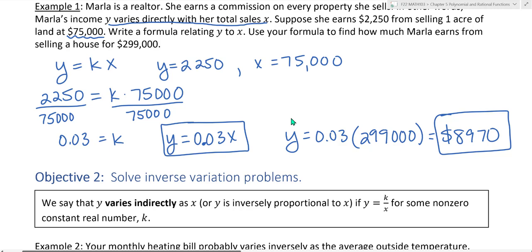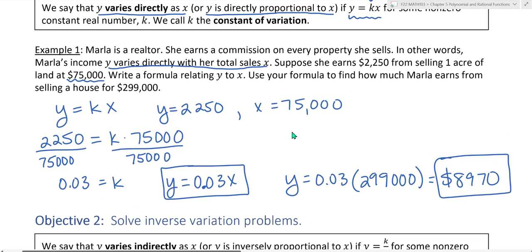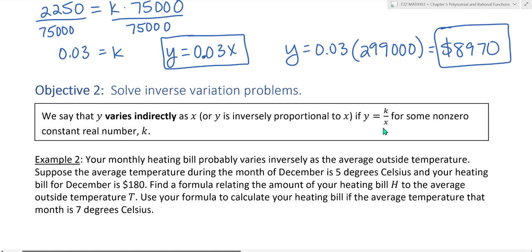All right, so let's look at inverse variation. Inverse variation is a little different. Now we're going to have our x in the denominator. If y varies inversely or is inversely proportional to x, then y is equal to some number k divided by x. This is when, if your x goes up, your y goes down, and vice versa.